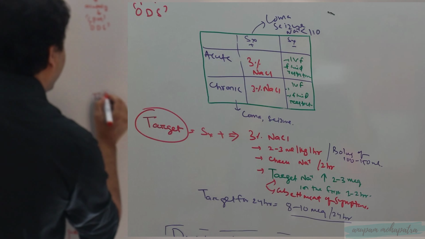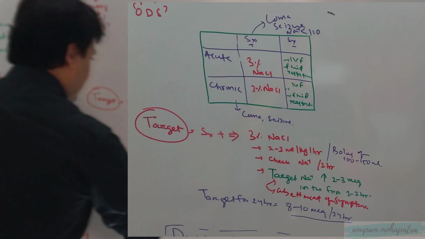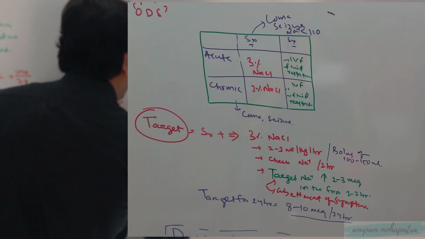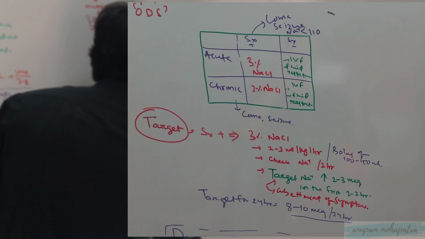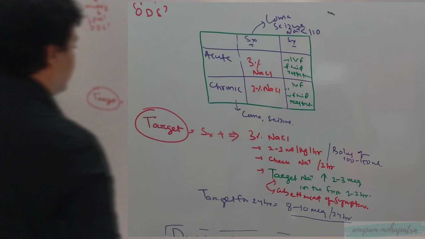Now target. When the patient is symptomatic, symptom plus, then give 3% saline at the rate of 2 to 3 ml per kg per hour. Check sodium every 2 hours and target a sodium increase of 2 to 3 milliequivalent in the first 1 to 2 hours, not more than that.